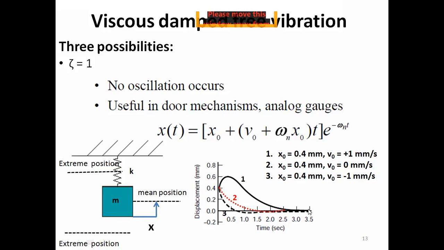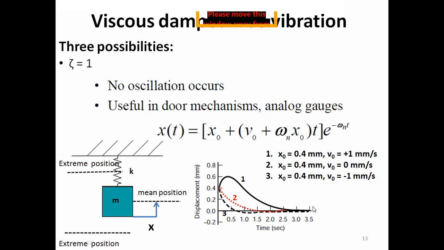So in this case the system is moving with that velocity and would reach the equilibrium position quickly. Just by visualizing, we could easily assume that in the third case the system would reach the equilibrium position more quickly than in the second case.